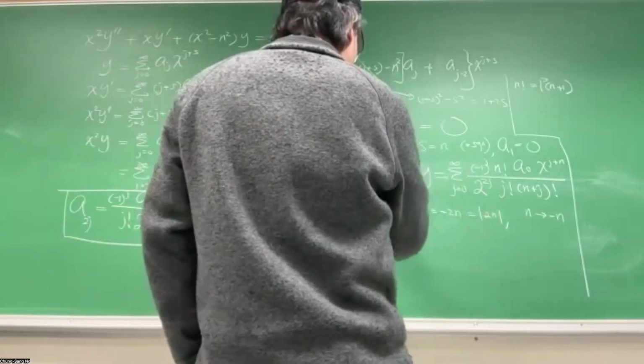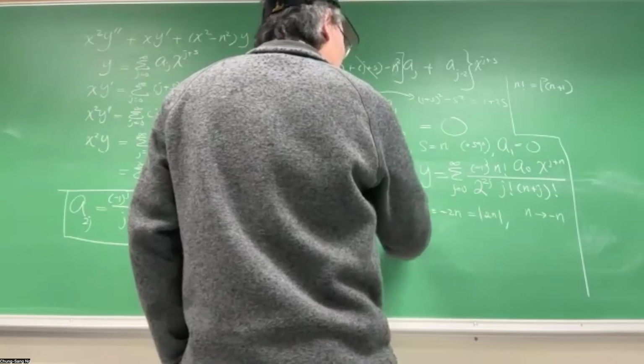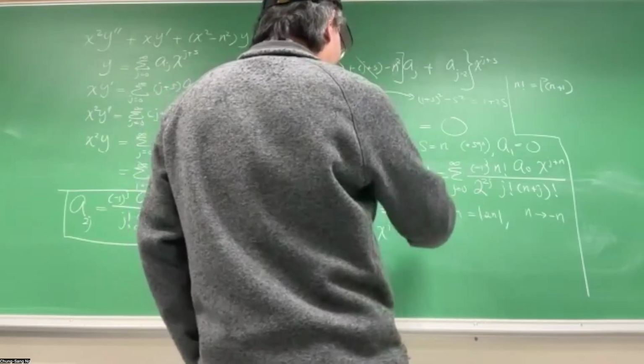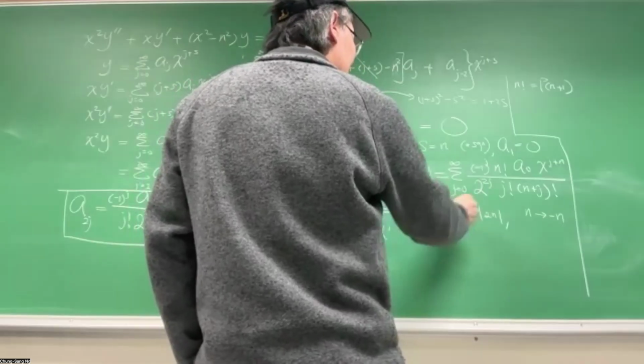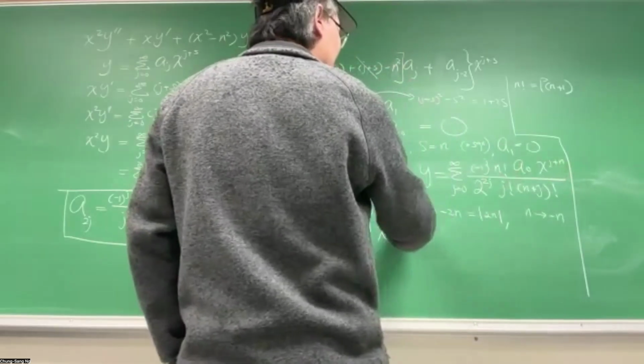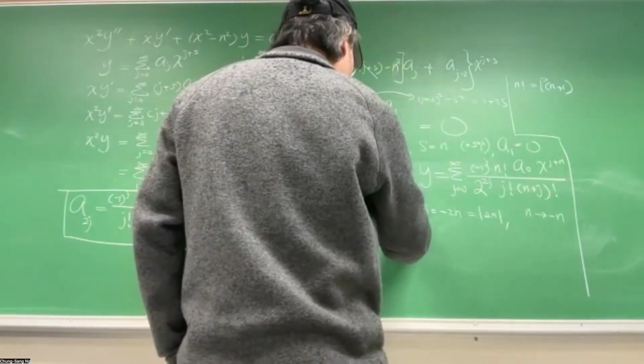Let's just keep this as n factorial, because minus n, a negative factorial, is not well defined, but this n changed to minus n.